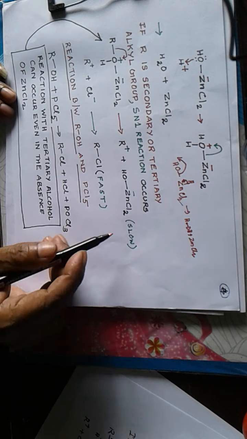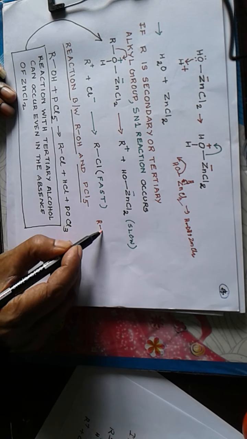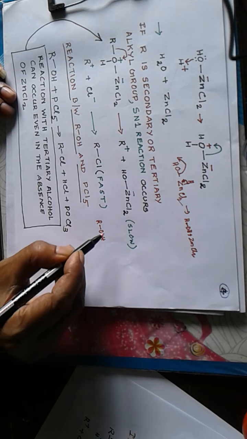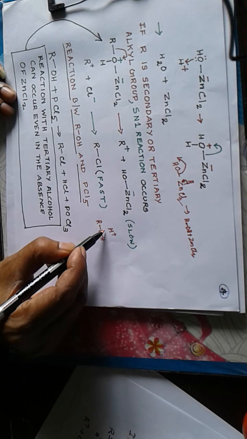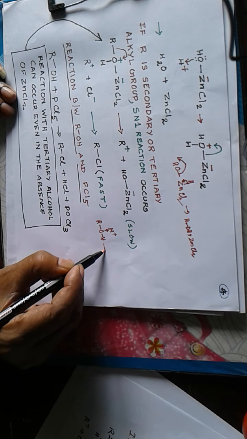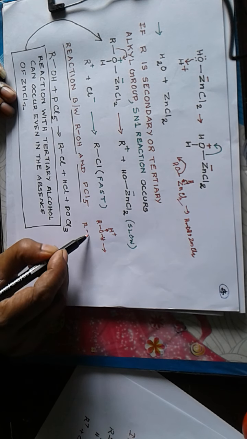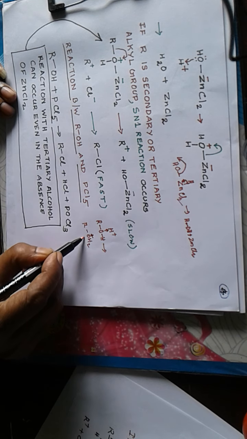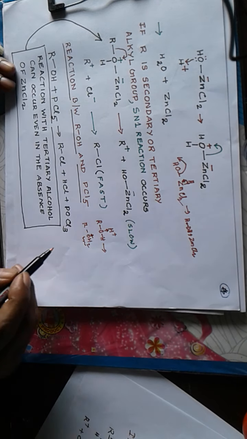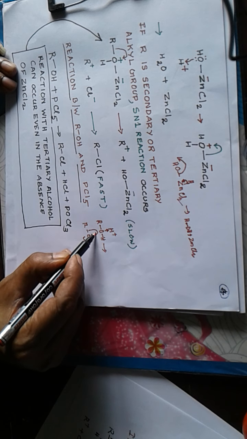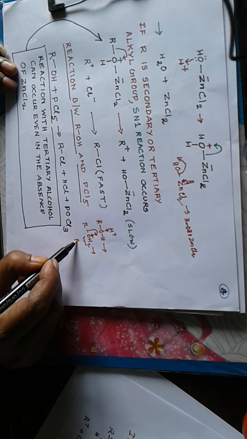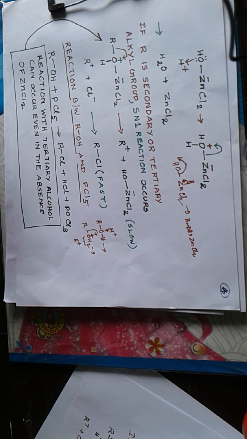In that case, ROH first reacts with H positive to produce ROH2 positive. Now, this OH2 positive is a good leaving group, and that will take up the electron pair producing R positive. So, even in the absence of zinc chloride, reaction with a tertiary alcohol can proceed.